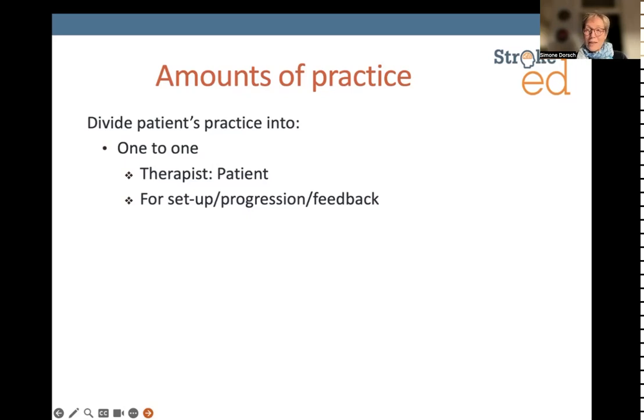But the minute that that practice is set up, then you should walk away and leave the person to practice and go and work with somebody else, because that means that that person learns to work without a therapist, and really increases their self-efficacy around their practice.